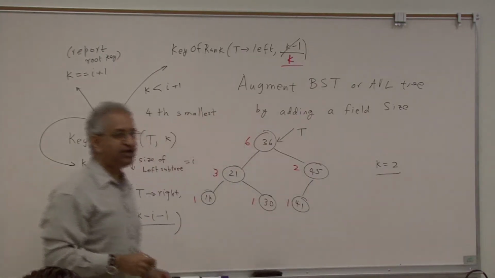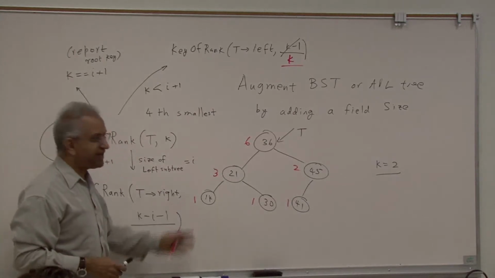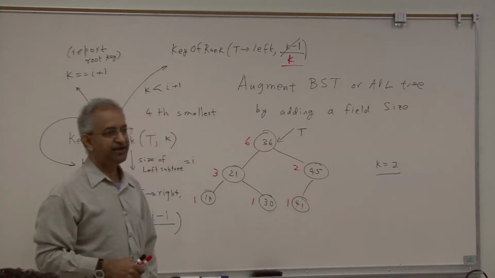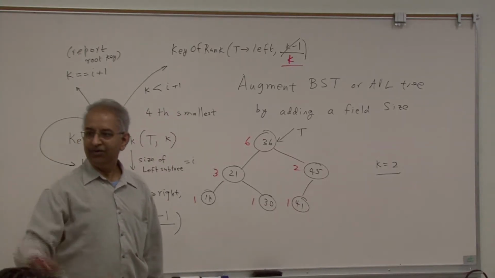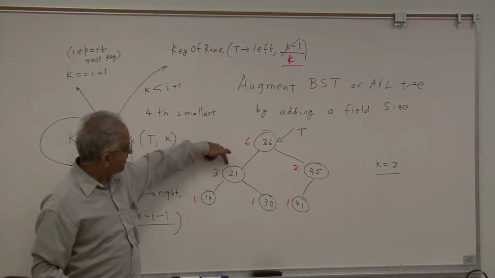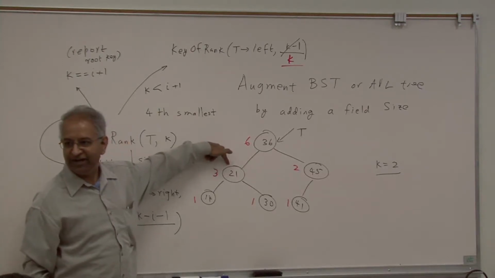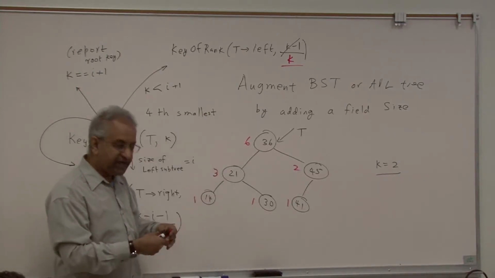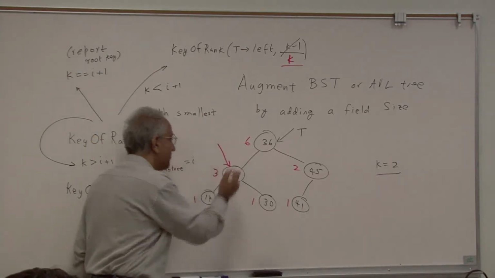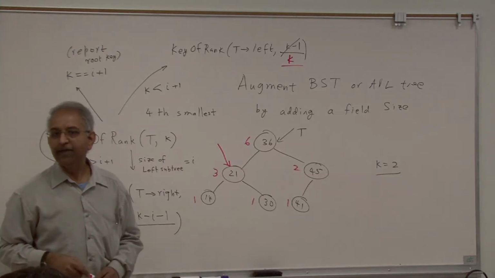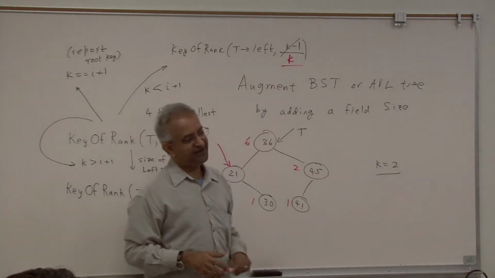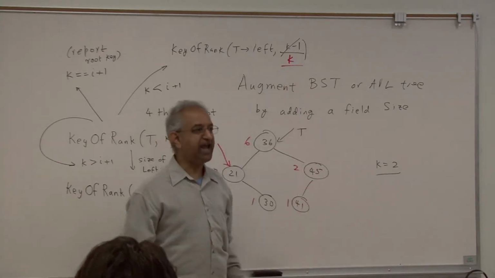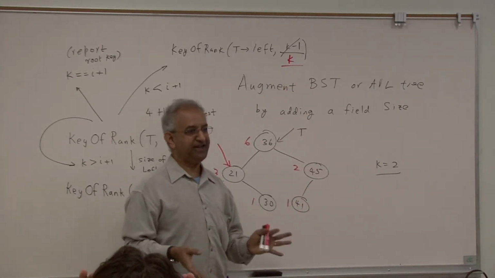It's not k minus 1, because look at this example. What is the second smallest key in this entire tree? 21. What is the second smallest key in the subtree? The second smallest key in the subtree is rooted at this node. Therefore, what should be the call here? Just k.